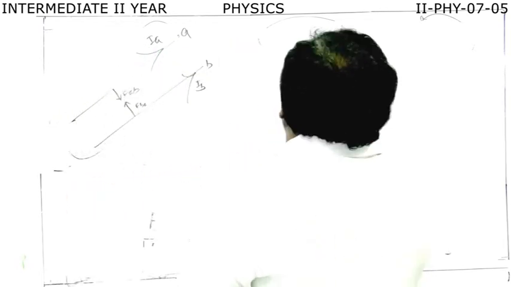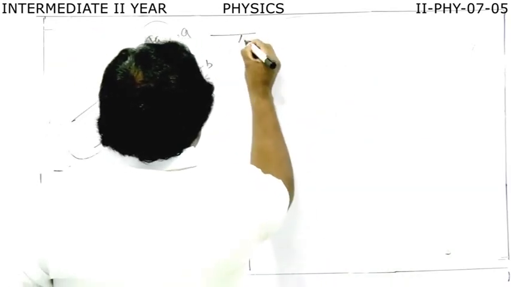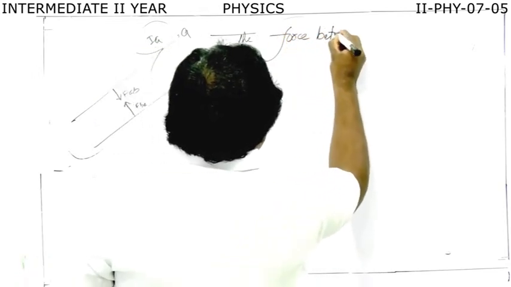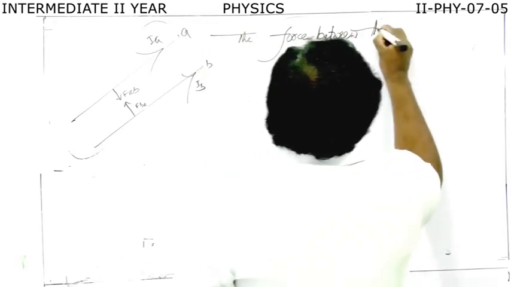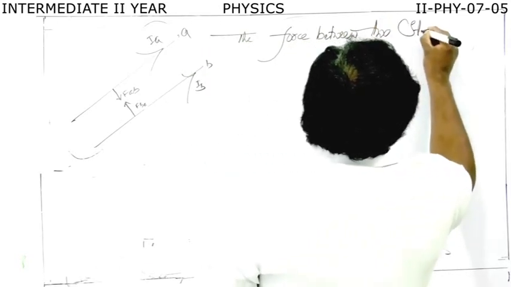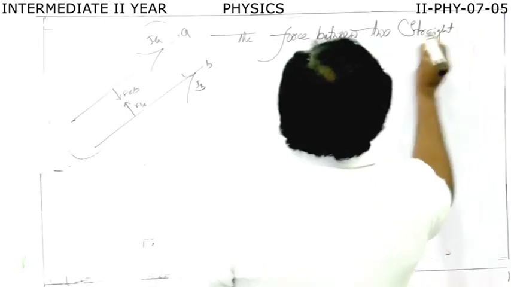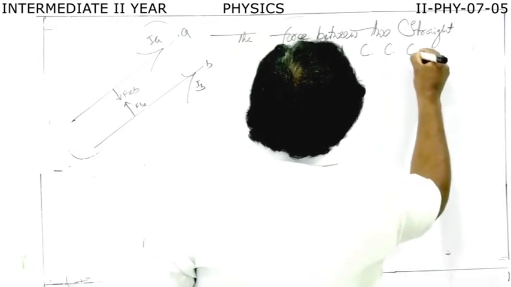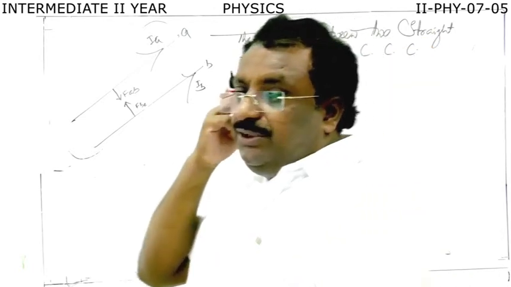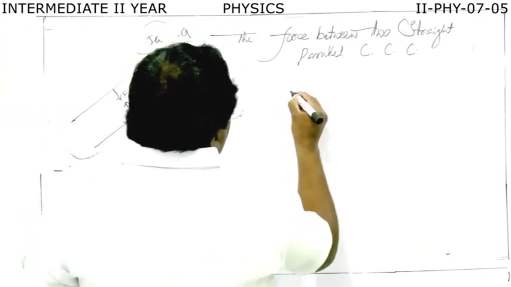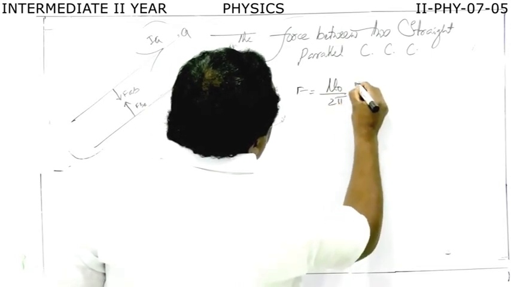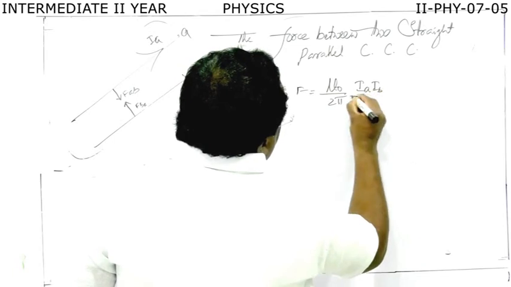The force between two straight parallel current carrying conductors: F is equal to mu naught by 2 pi, IA IB.